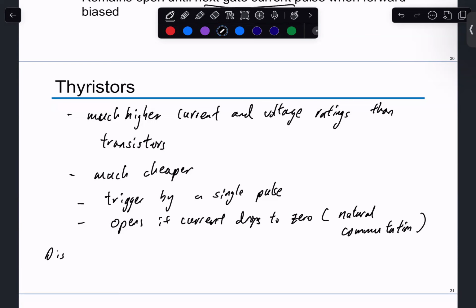So the disadvantage is, well, to open this we need current to drop relatively close to 0. So turning it off or opening it when the current is not that close to 0 is actually not trivial.